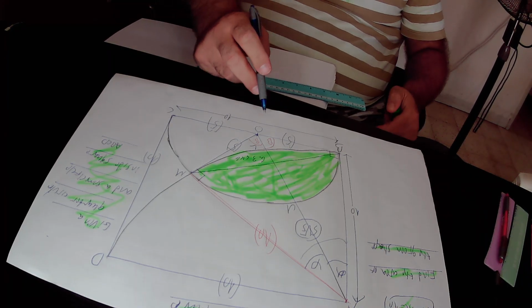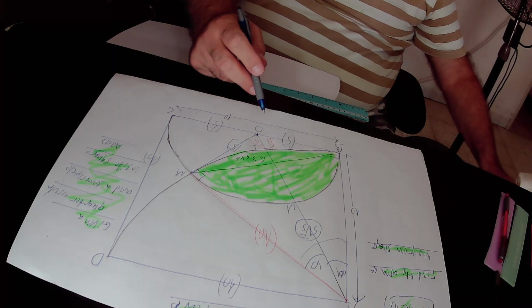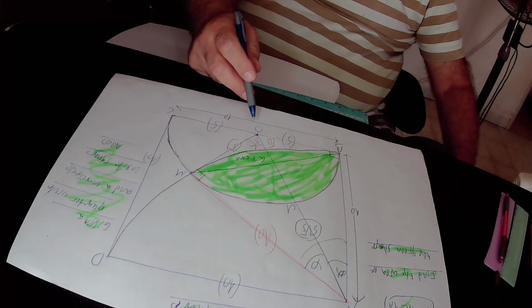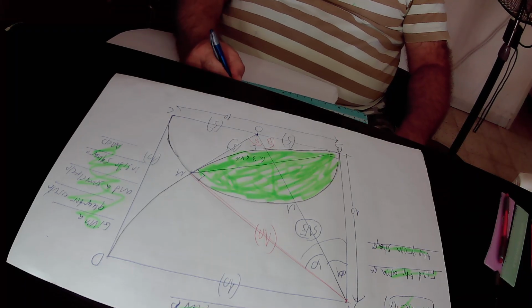We already found out that 2 beta equals 126.87 degrees in size.